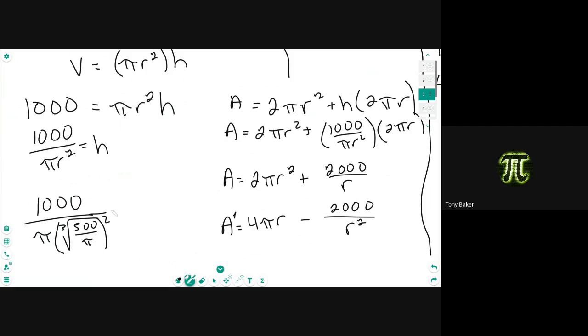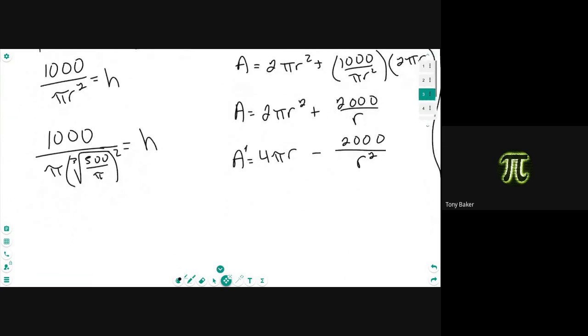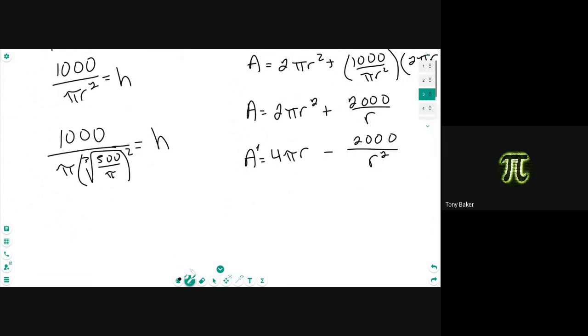This is a very convoluted way to write this, but it's kind of funny. Okay. I can write this as 2 times 500 over pi.